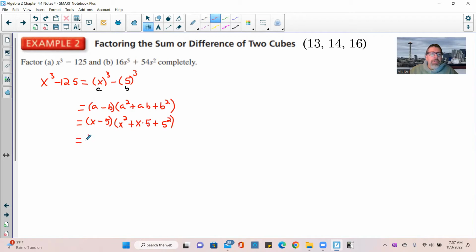So this is going to simplify to x minus 5 times x squared plus 5x plus 25. Okay, and you should always check to see if this will factor further. And factors of 25 that add up to 5 does not happen, because you have 25 times 1, which adds up to 26, and 5 times 5, which adds up to 10. So we're done. This is the answer.